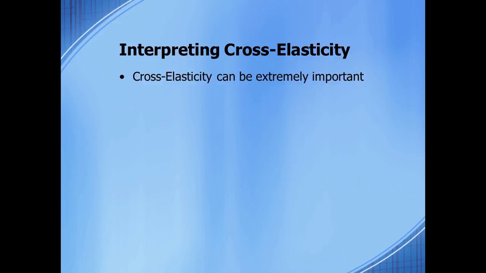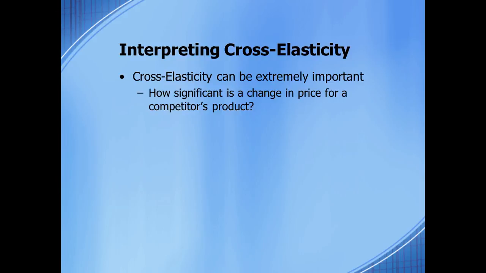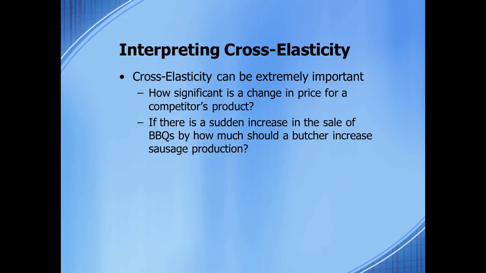Now, interpreting cross-elasticity is something we need to be able to do. So, how significant is a change in price for a competitor's product? Well, we want to know if it's important for our product and how much our product's demand is going to change. So we do this by looking at the size of the cross-elasticity of demand.